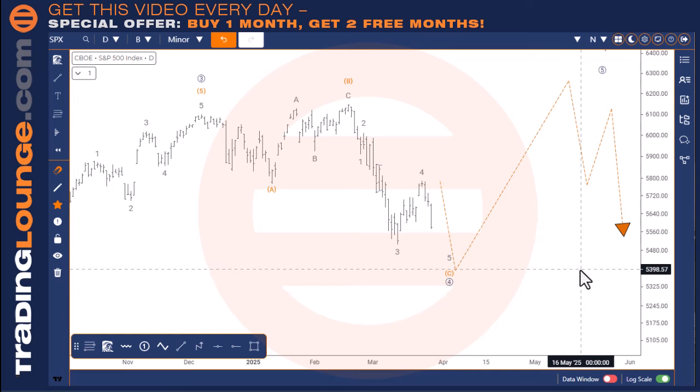What I'll do here is take away these, and we want to go back into the monthly chart for a moment. When we get into bear markets, we start to see whatever trend you're in.